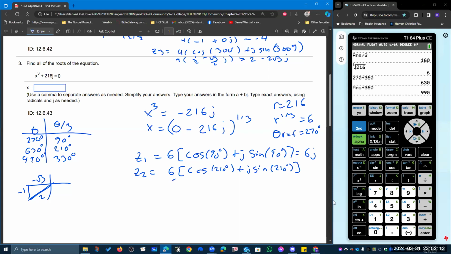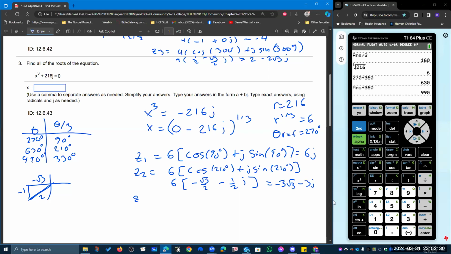So 6 times cosine is negative root 3 over 2, and sine is -1/2. So this is -3 root 3 minus 3j.